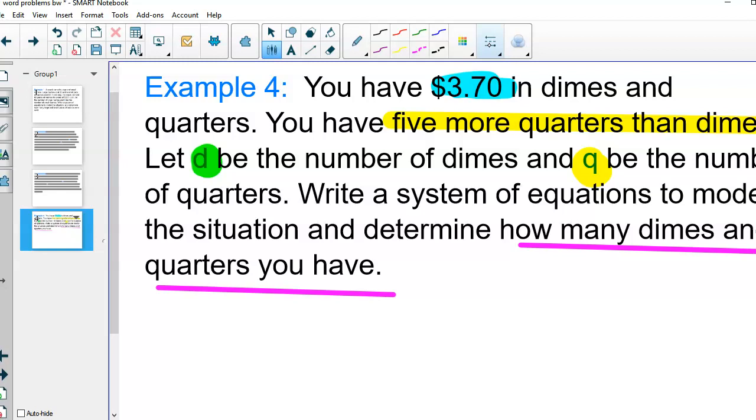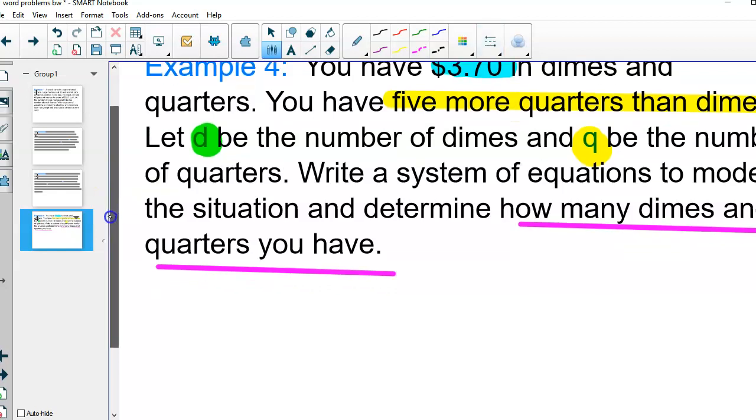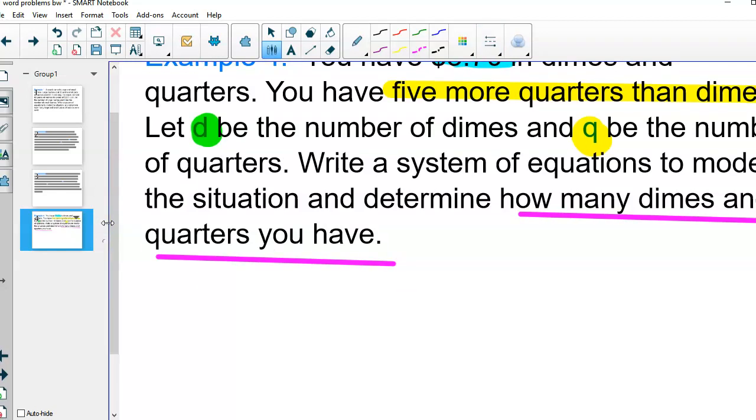I think I have one. Since it's 5 more quarters than dimes, the dimes would be D, and Q equals D plus 5.